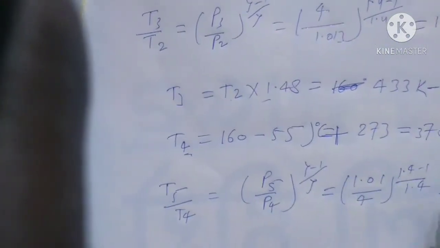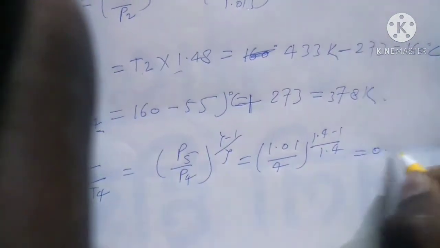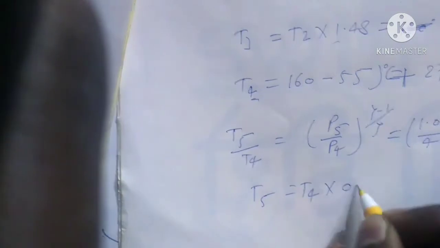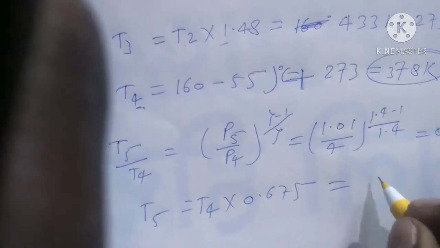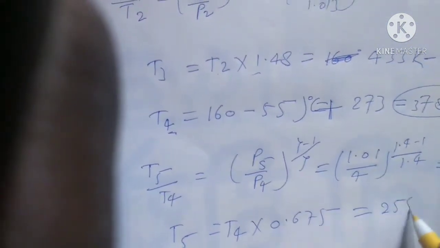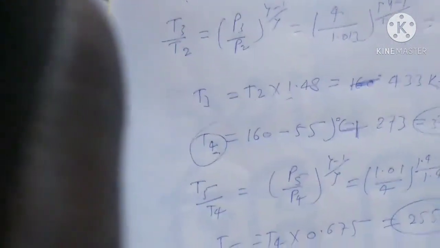Calculated, you find 0.675, and T5 equals T4 multiplied by 0.675. After calculation you find T5 is 255 Kelvin.